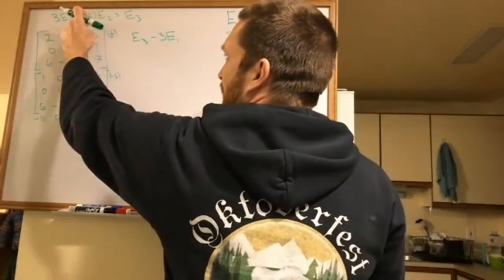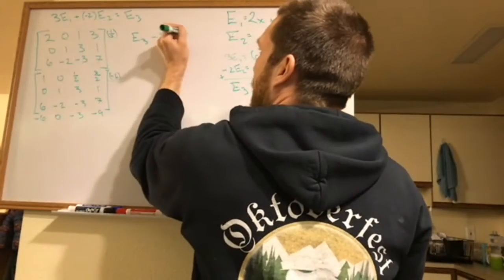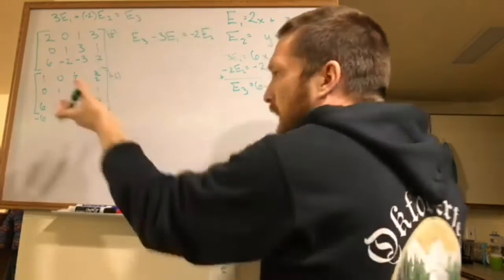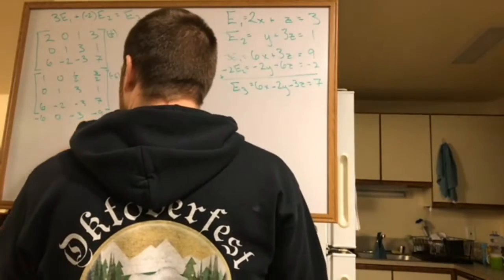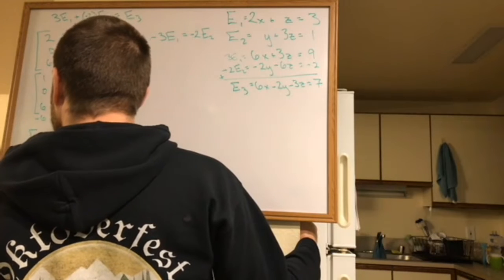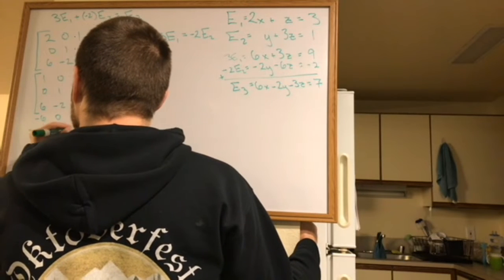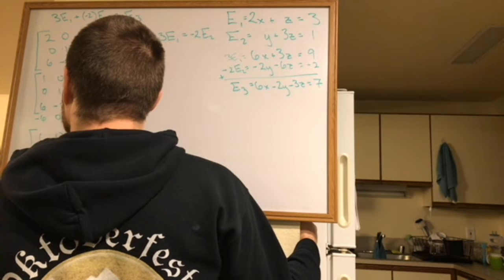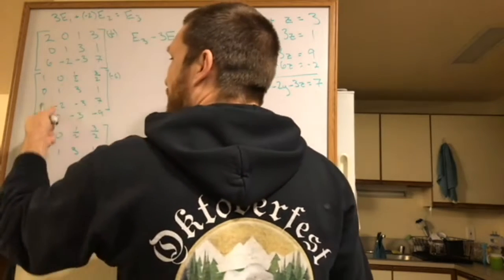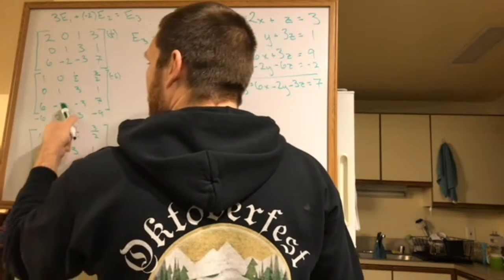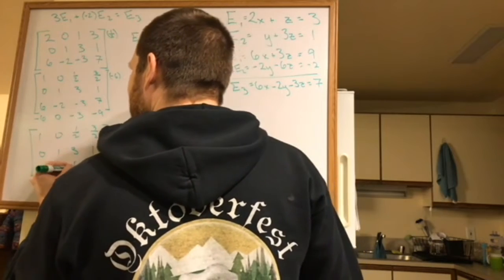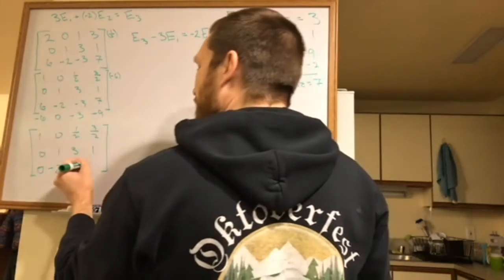Well, it should be negative 2 times E2. And let's just see. When I do that, I'm not changing the top row. 1, 0, 1 half, 3 halves, 0, 1, 3, and 1. Now that gives me a 0, a minus 2, a minus 6, and a minus 2.